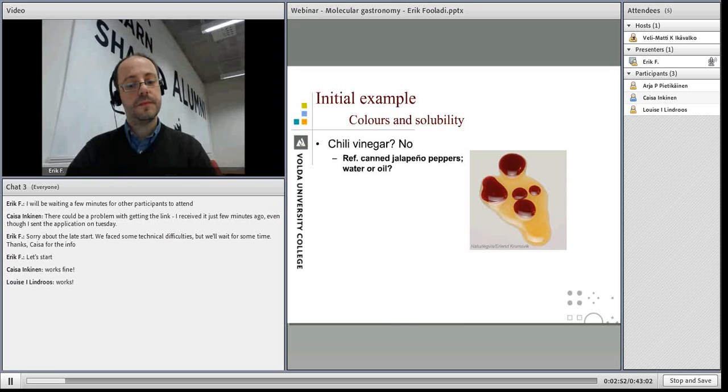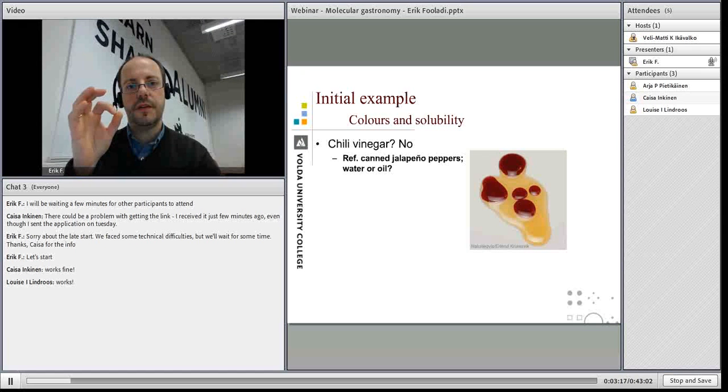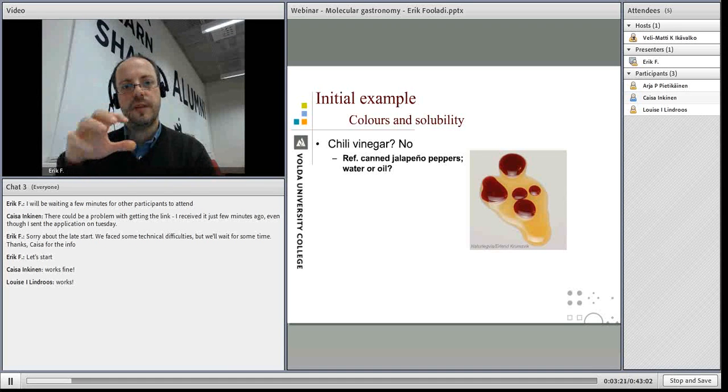We can't, and that comes from that we can describe using the chemistry. I challenge you now to think of one other thing. If you go to a cafeteria, restaurant, or if you go to a supermarket and you buy jalapeno peppers, there are these rings that are cut with like chili peppers, and you can get them in glass jars.